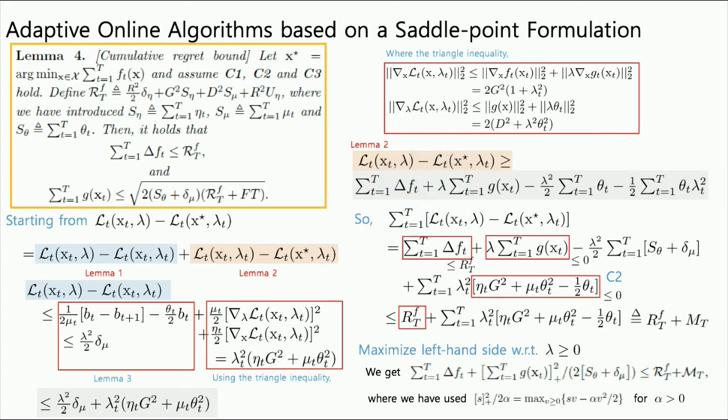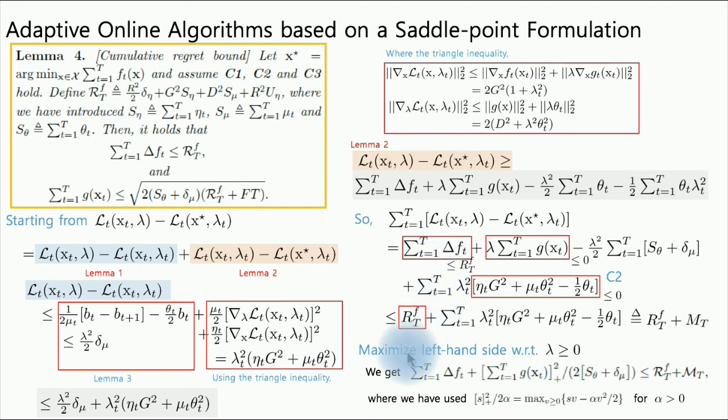So combining these upper bounds and the lower bounds, we get the upper bound like this, where RF is the upper bound of the sum of delta ft.